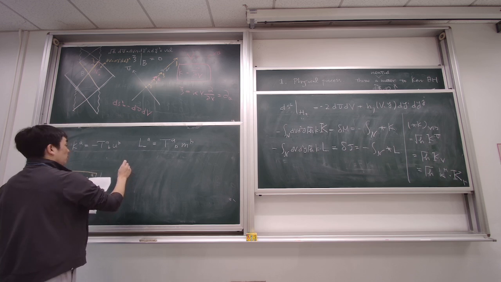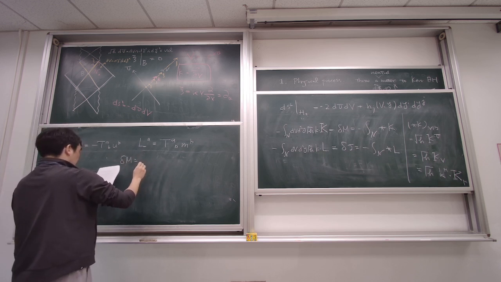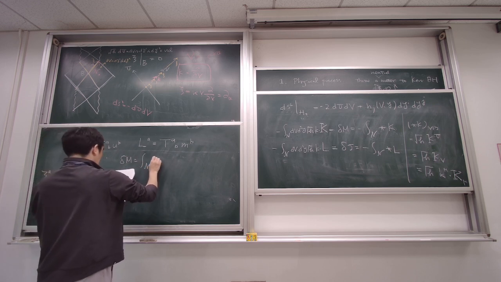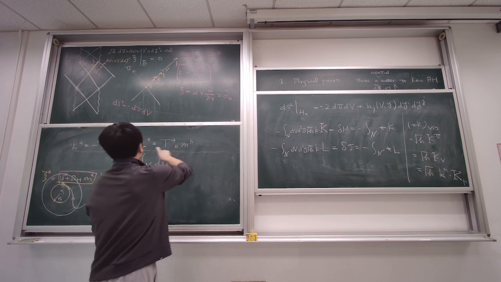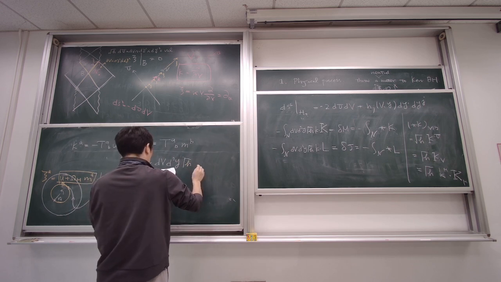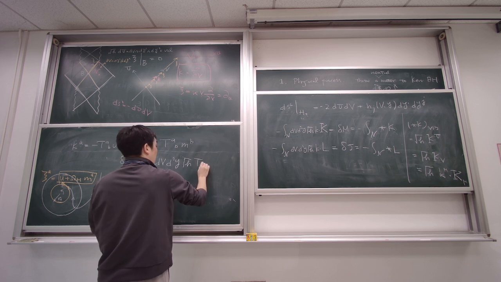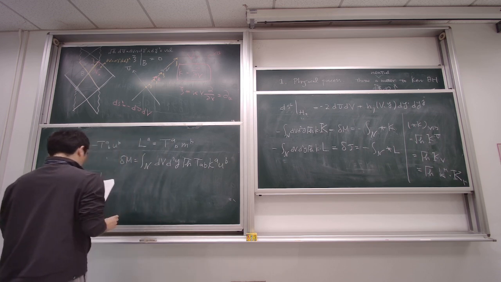So now delta m is given by the integral of n dv d square y, and plugging this in, you have square root h T_ab k^a, like this.